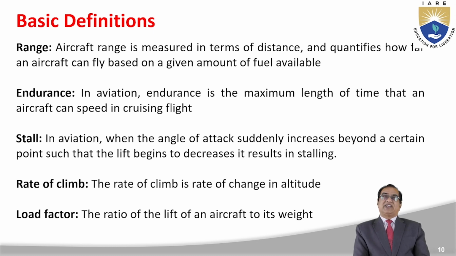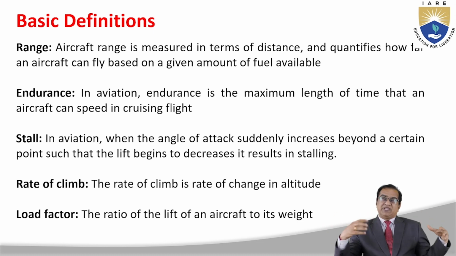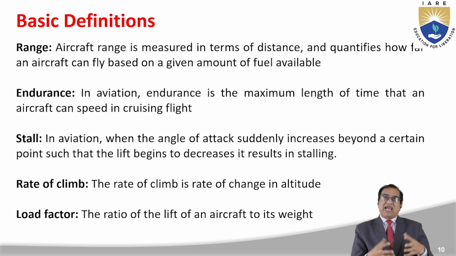That is called the range. So range depends upon the distance with a given amount of fuel of the aircraft. And if you talk about endurance, it is the time. In aviation, endurance is the maximum length of time that an aircraft can spend in a cruise flight. So how much time it can fly with a given amount of fuel, that time matters in this case.